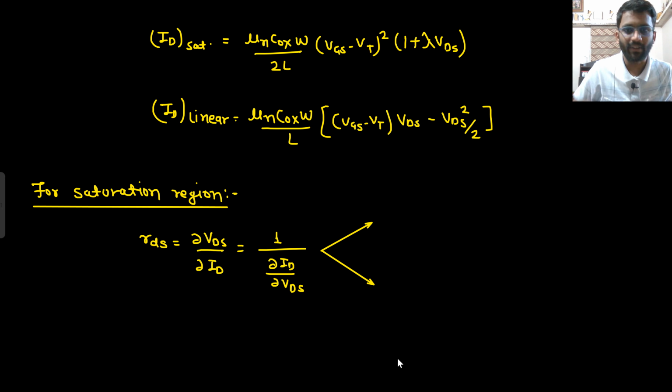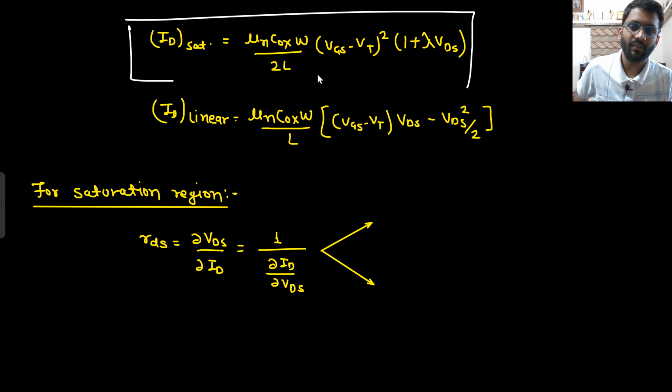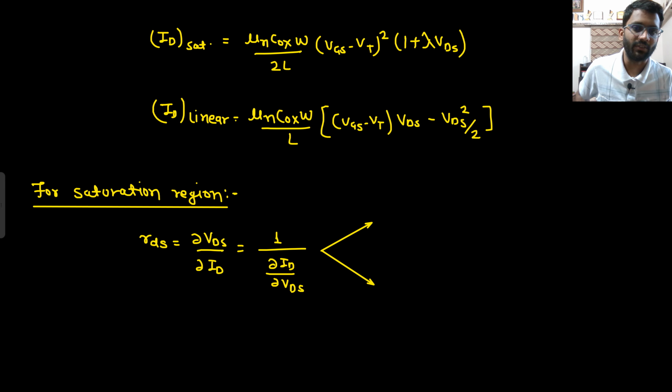If you don't remember, I will make you recall. So this was the ID saturation expression. This is the expression of ID saturation. So here, if I do 1 upon del ID by del VDS, what will happen? This is a constant expression, and 1 plus lambda VDS. So you are just differentiating it with respect to VDS. So what will remain?